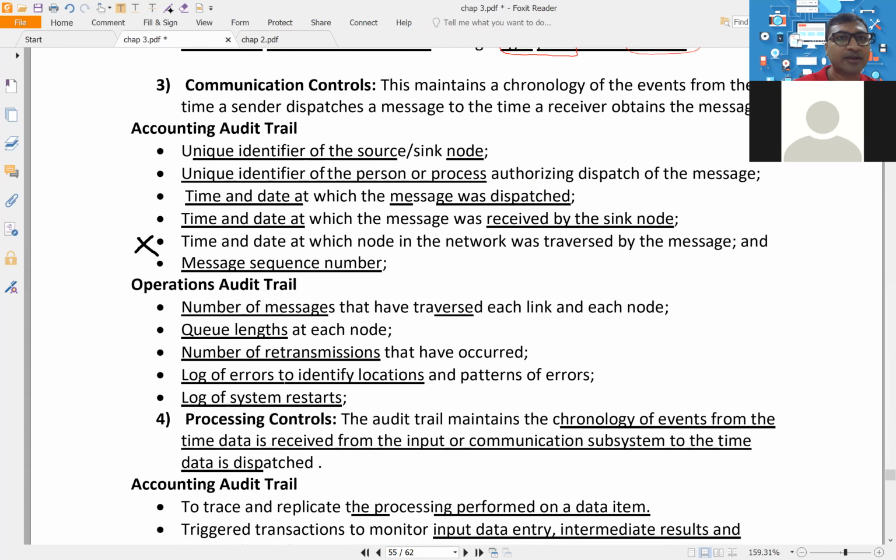Now in communication control, the operational audit trail is a little bit technical. In some places you will find things that are very technical. Try to remember the maximum number of points you can at that moment. Don't use your brain only. As a student, 70% you can remember conceptually, but 30% you need to accept. It is there, accept it and just go ahead.